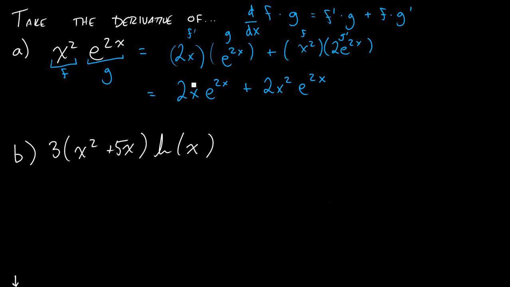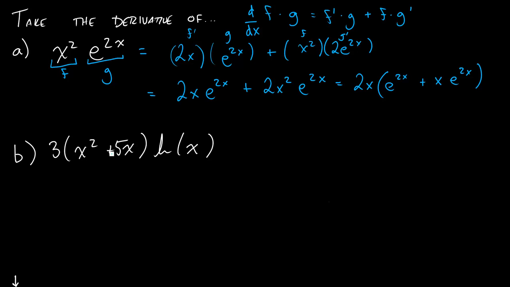If this were on a test, you might see it simplified by pulling 2x out of each term. The first term is left with only e to the 2x, and the second term is left with only x e to the 2x.